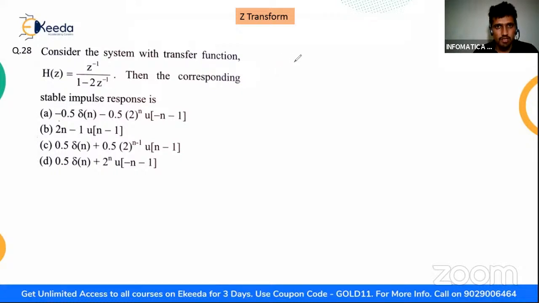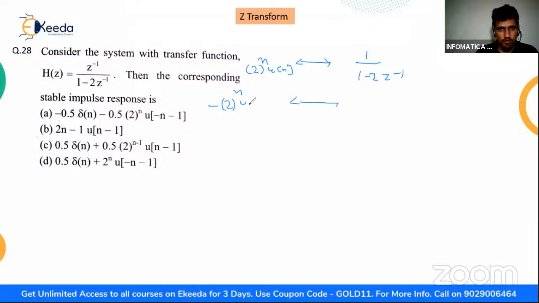So we can simply say that suppose this is 1 upon 1 minus 2 z inverse. For this we know what the sequence will be. The sequence will be 2 to the power n u[n] if it is right-sided, or the sequence will be minus 2 to the power n u of minus n minus 1 if it is left-sided.